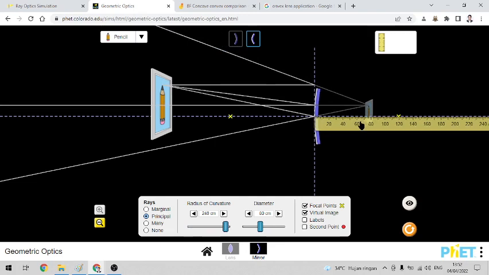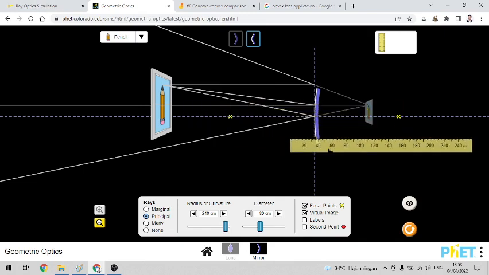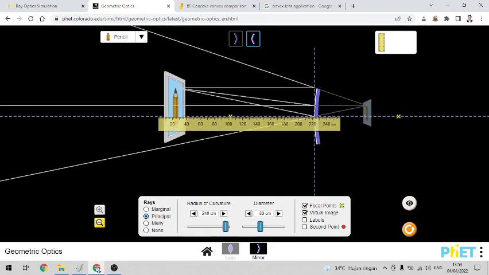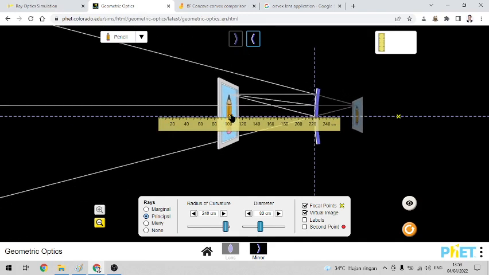120 centimeter behind the mirror. Remember that in the convex mirror, the focal length is behind the mirror. And then the object, let's use 100.